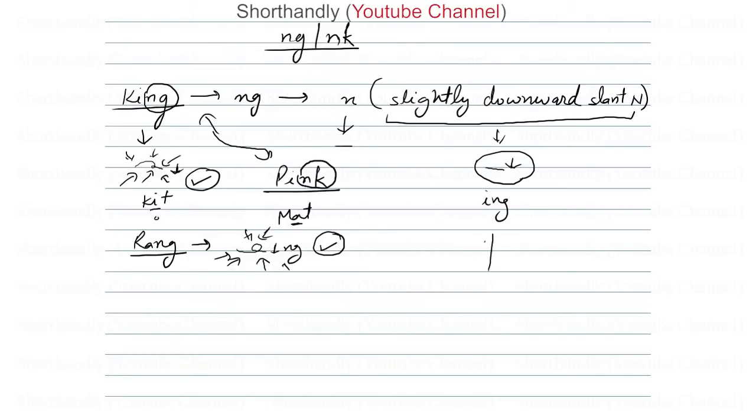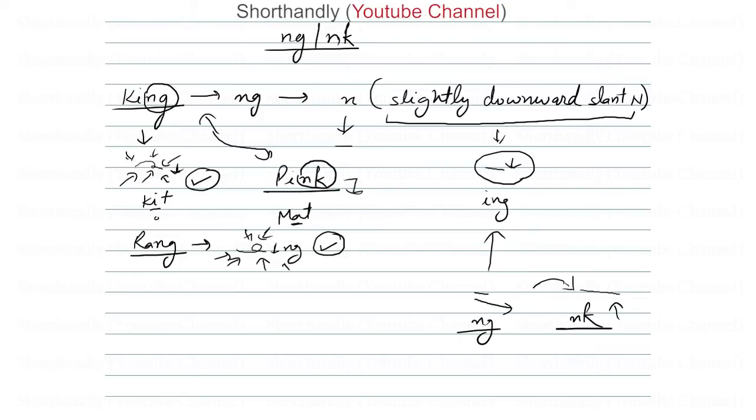This is our ing, a slightly downward slant N. To represent ink, you just have to extend its length, which means you make a longer stroke. We make the slightly downward slant N a little bit longer. So this is our ing, and ink can be made simply like this. You see, this one is longer than this one. That's how you represent ink.